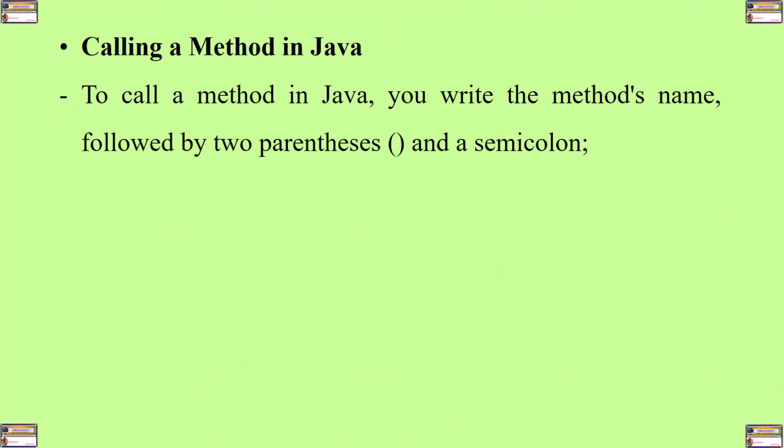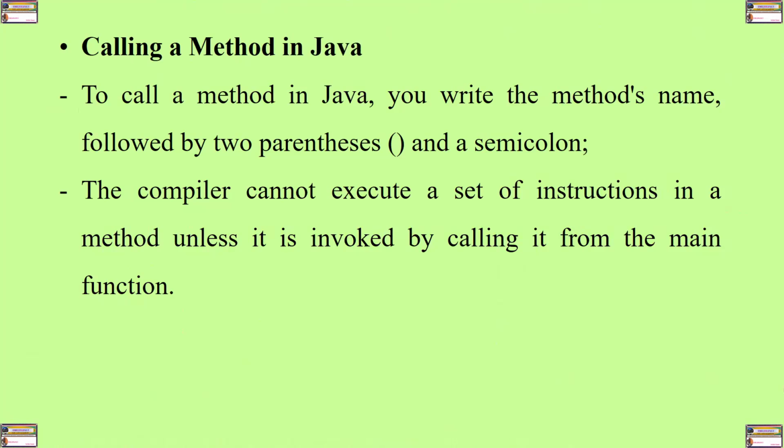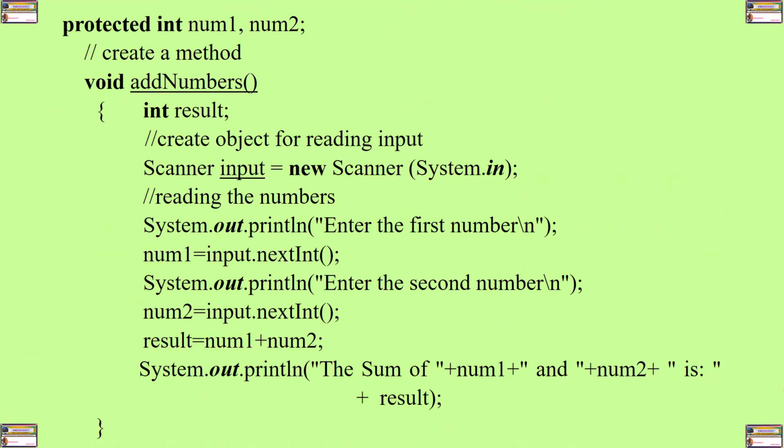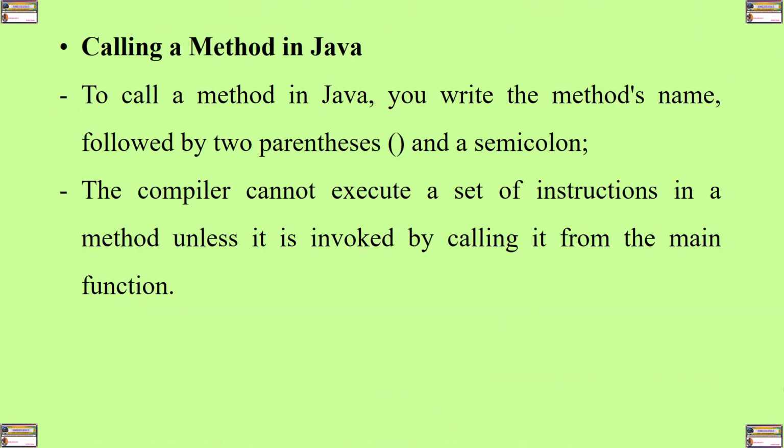To call a method in Java, you write the method's name followed by two parentheses and a semicolon. For example, if you wanted to call add numbers, it will simply be add numbers followed by the parentheses and a semicolon.